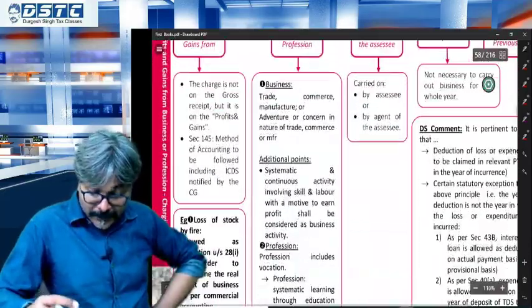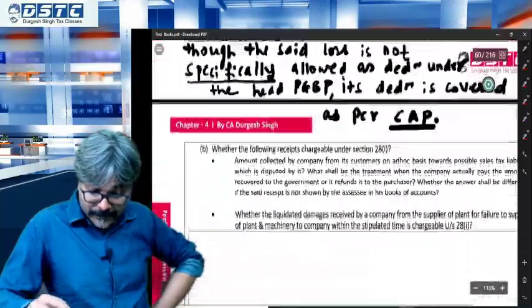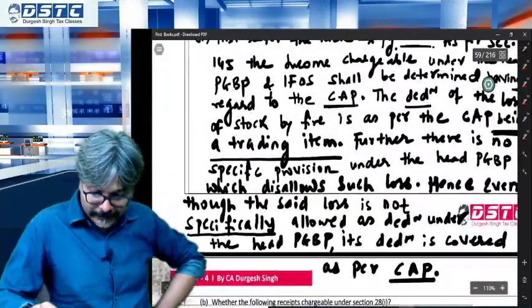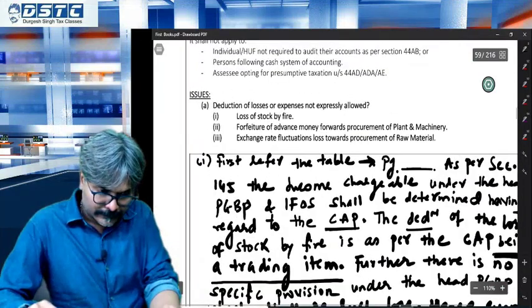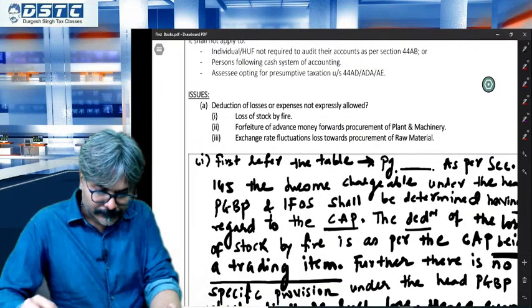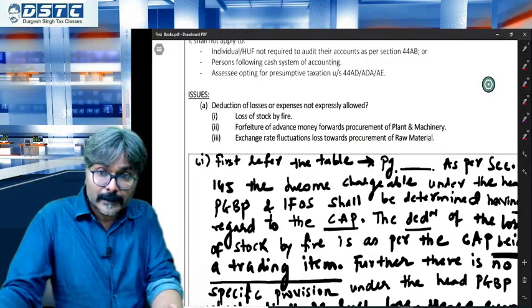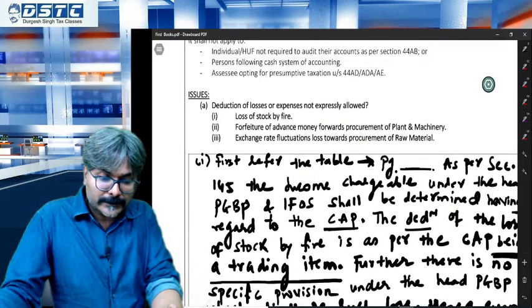So coming to this particular point, I'll give you the notes, but just have a look here. Read points 2 and 3.